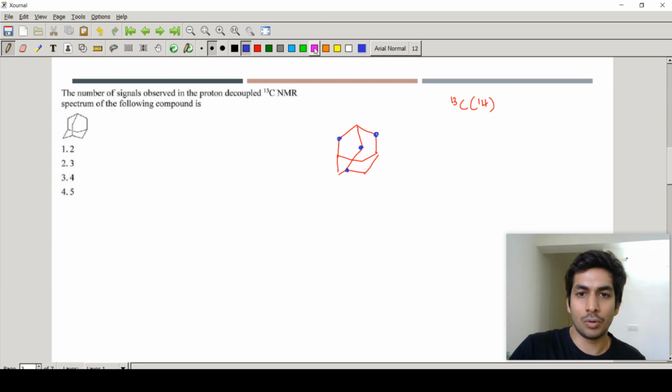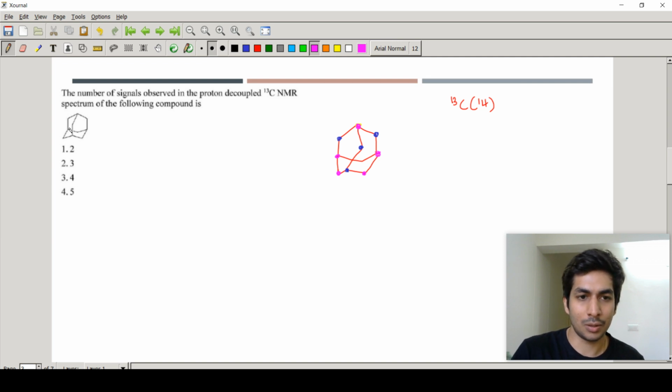Let me take magenta for the others. 1, 2, and then 3, and then 4, 5. So if you see this particular molecule, it has 6, 7, 8, 9, 10 carbon atoms. It has 10 carbon atoms.